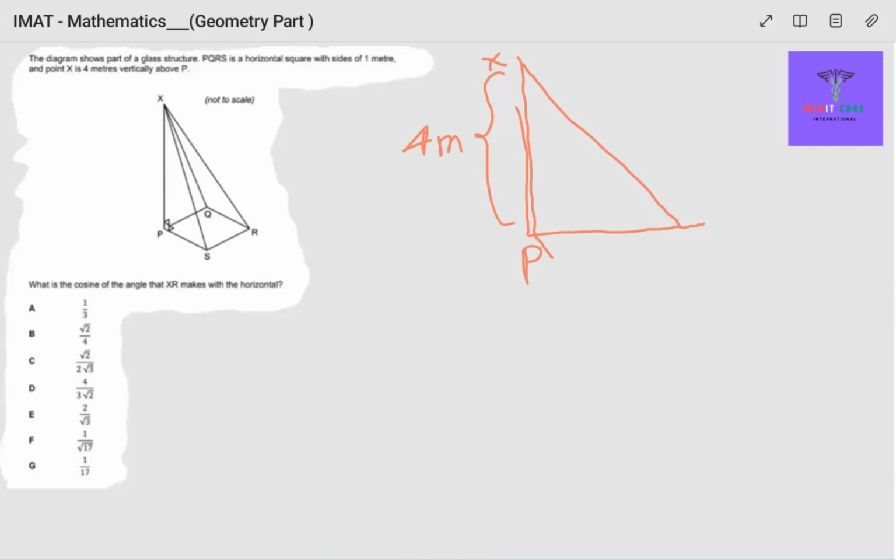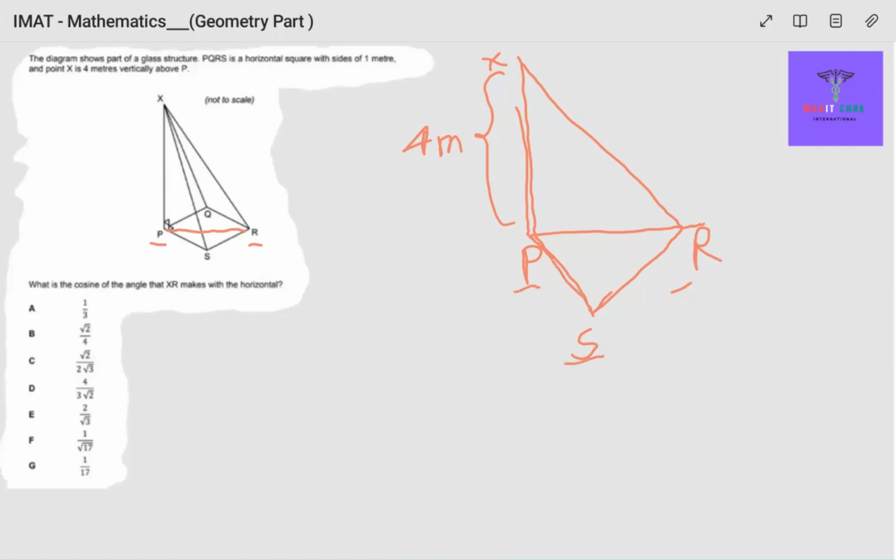If we join P to R, we can get a triangle here also. So PQRS is a square, and given that each side is 1 meter, we'll join P and R, and we will have triangle PSR.